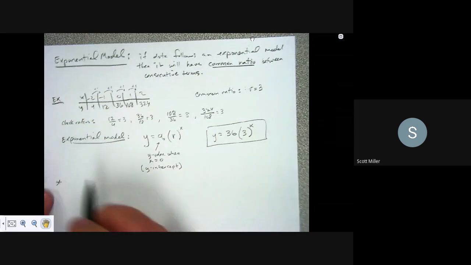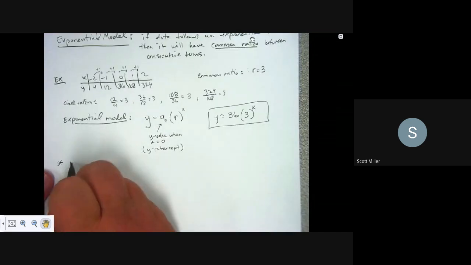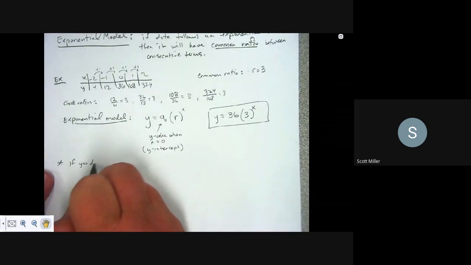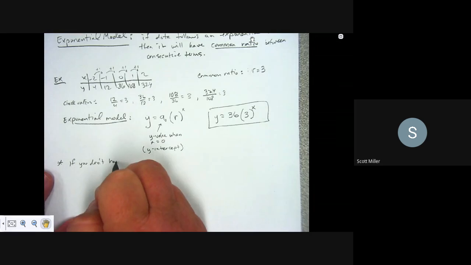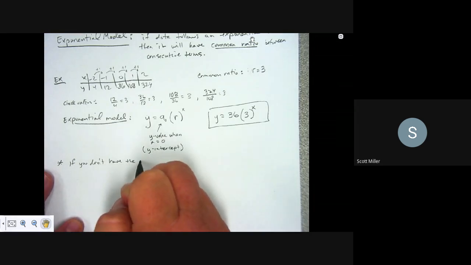Okay? So a couple little side notes here, just things to remember from before. What if you don't have the y-intercept?